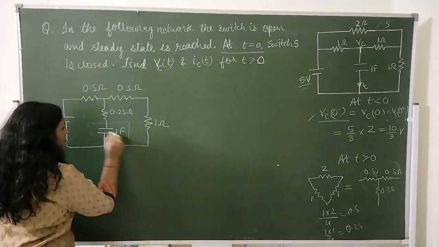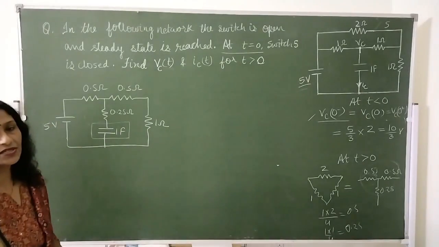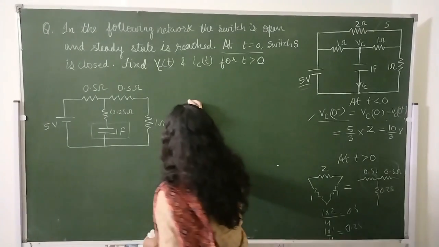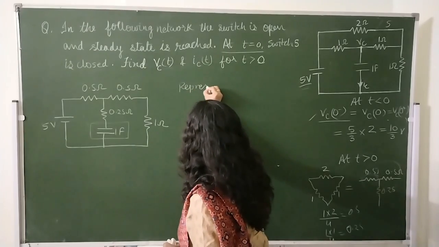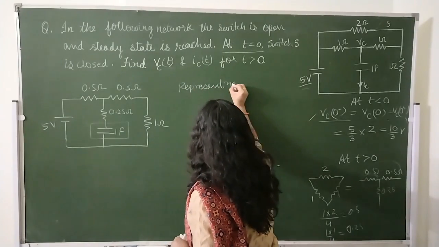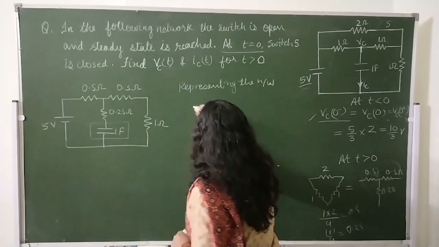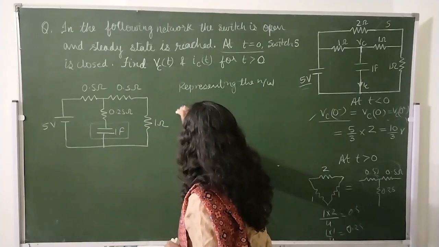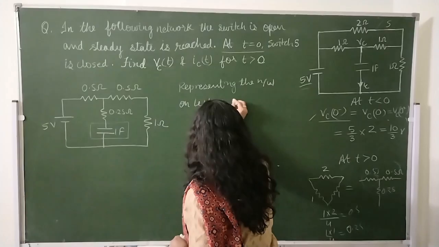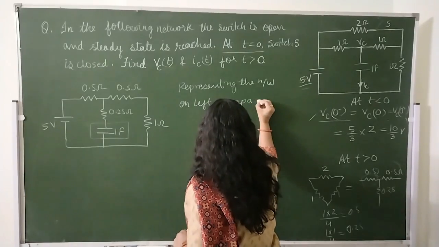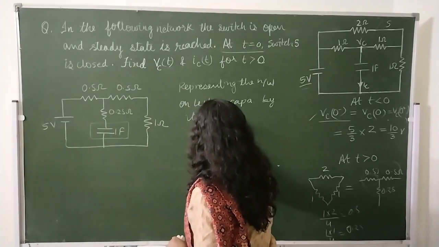Leaving this capacitor aside, we will convert the whole circuit into its Thevenin equivalent, representing the network on the left of the capacitor by its Thevenin equivalent.